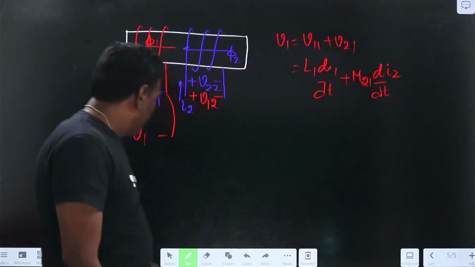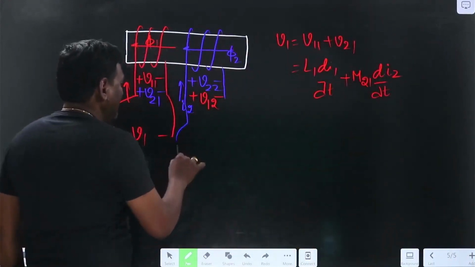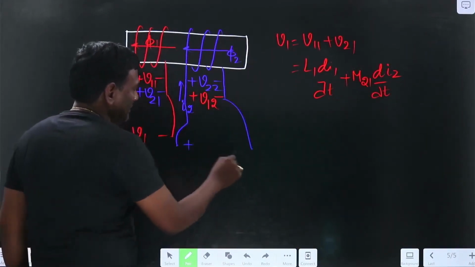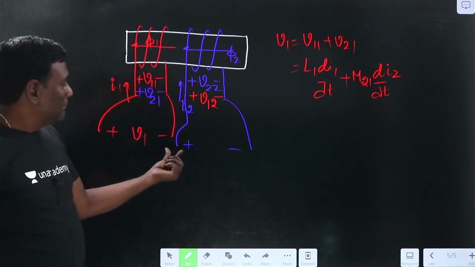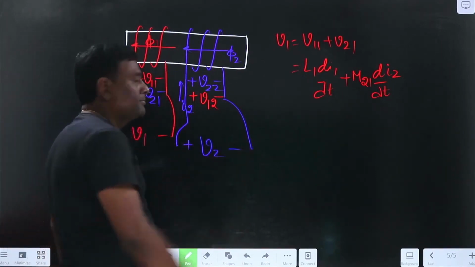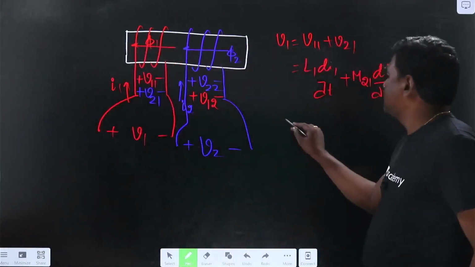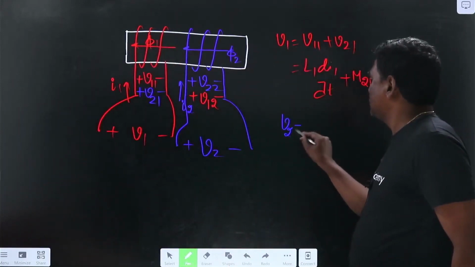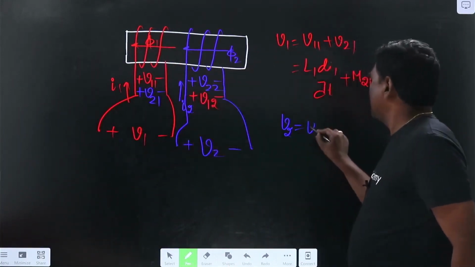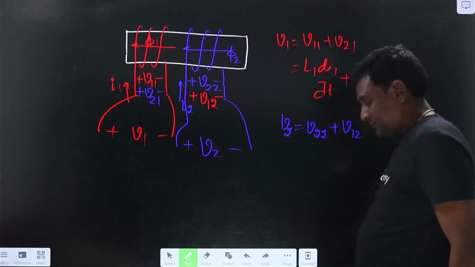Now let me draw blue. My current is entering here, so plus here, minus here. I2 is entering here, so by passive sign convention, plus should be here, and this is going to be V2. Now, how much is V2? V2 is going to be minus of V2, or V2 equals plus plus. So this is going to be V22 plus V12.